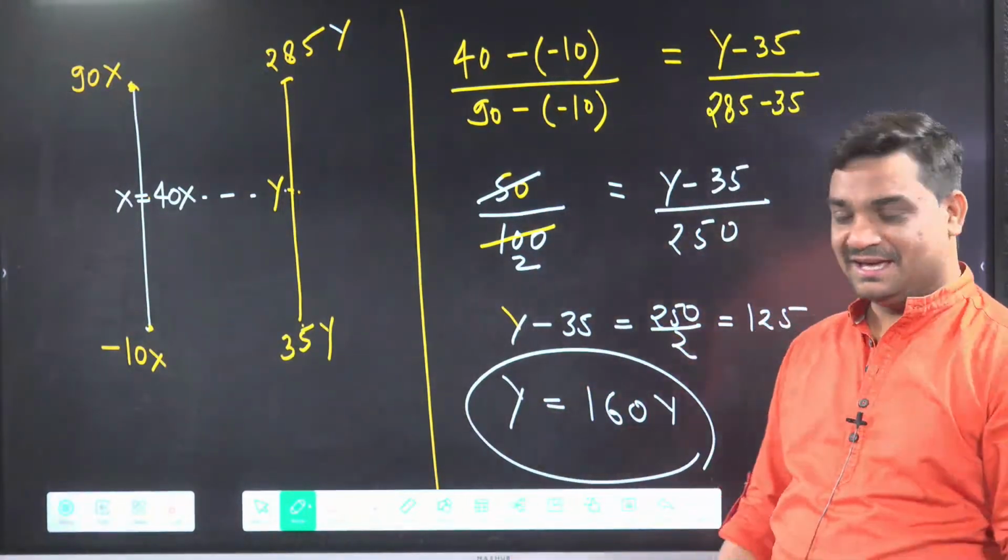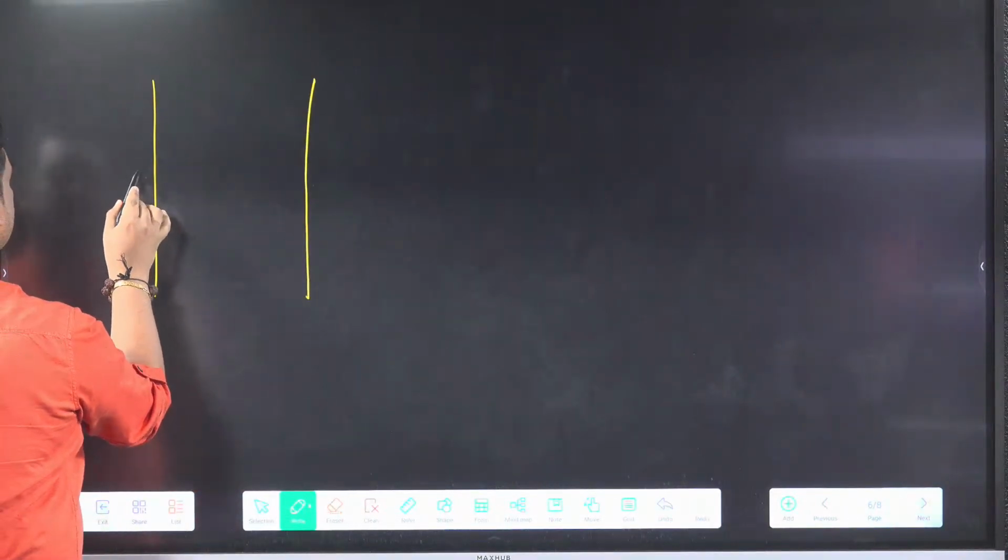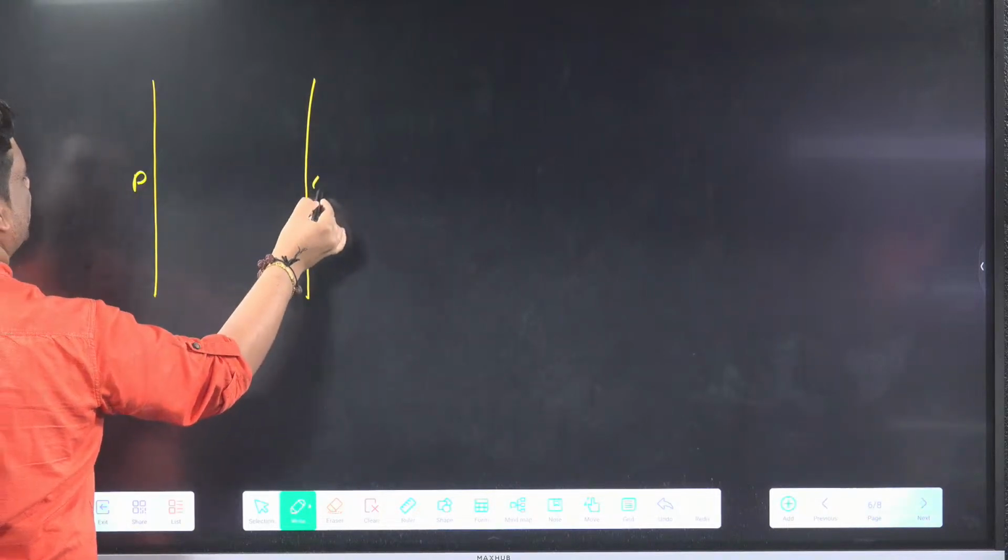Question is here now. So this scale is P, this scale is Q. I can give any name.